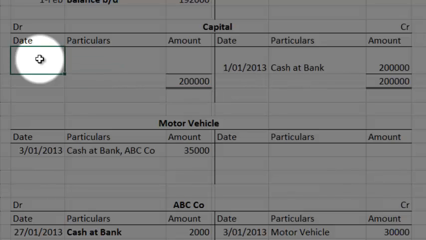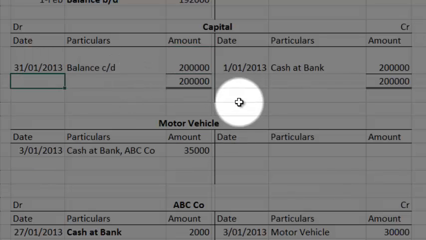Now the balancing mechanism happens on the 31st of January, at the end of every month. I'm going to type balance carried down. In this instance it's obviously going to be $200,000, and because it's an item with a running total, I'm going to open that up for the next month as I did before.